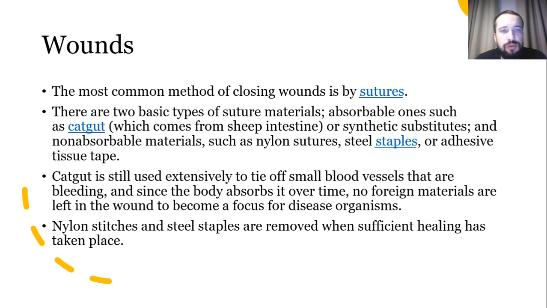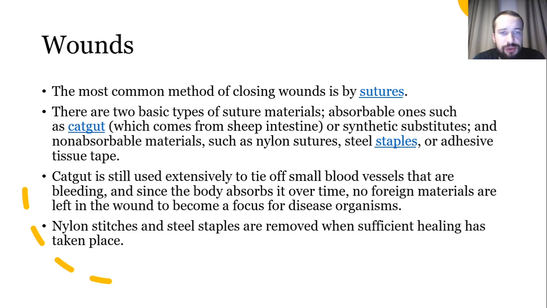Wounds. The most common method of closing wounds is by sutures. There are two basic types of suture materials: absorbable ones such as catgut, which comes from sheep intestine, or synthetic substitutes, and non-absorbable materials such as nylon sutures, silk, staples, or adhesive tissue tape.